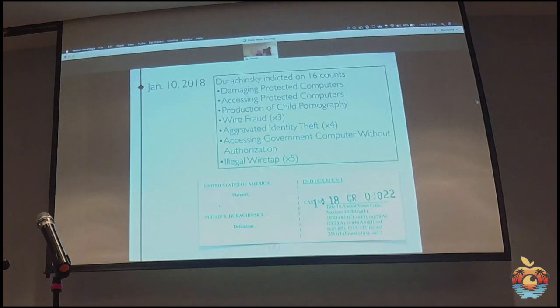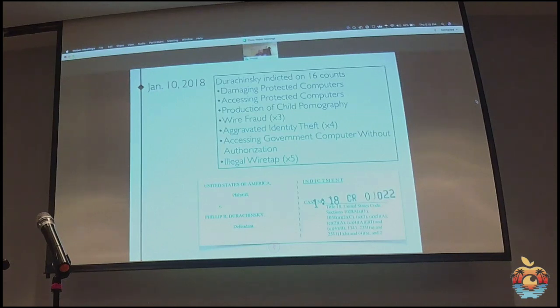So if we fast forward a year, January 10th, 2018, Durachinsky was finally indicted on 16 counts. And you can see here there were a number of different counts, including production of child pornography and illegal wiretapping.